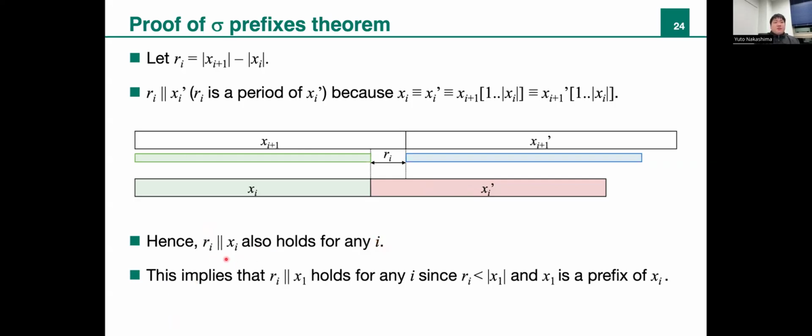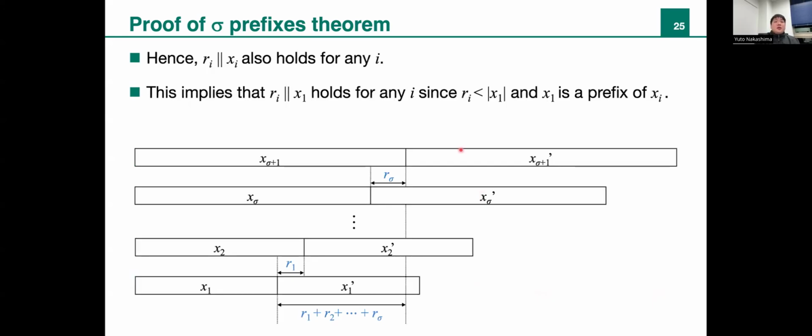This implies that this condition holds for any i, because each R is smaller than the length of the root of the shortest parameterized square, and x1 is a prefix of xi, like this.